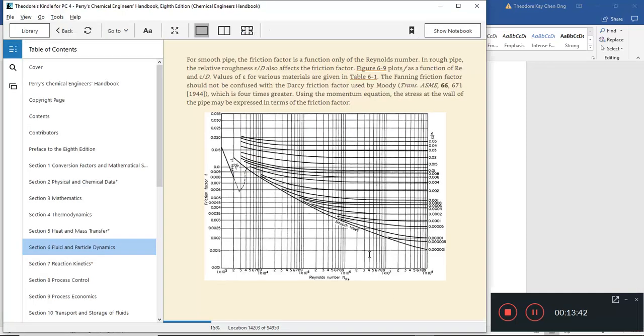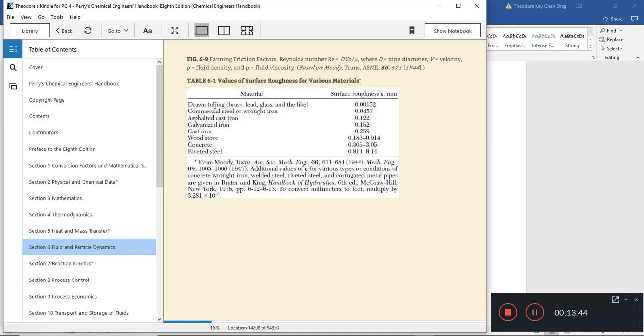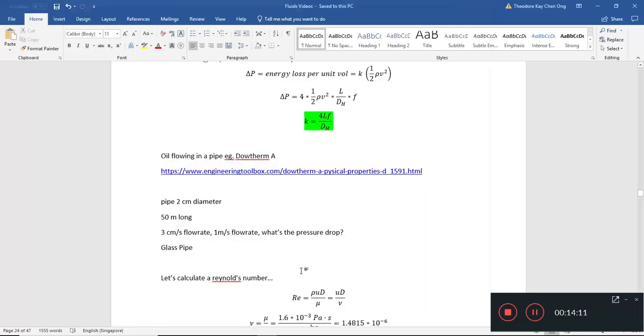In Table 6.1 from Perry's Chemical Engineering Handbook, we have some materials and their characteristic surface roughness. Remember, these units are in millimeters. Glass pipes are in the drawn tubing category, and the surface roughness is 0.00152 millimeter.